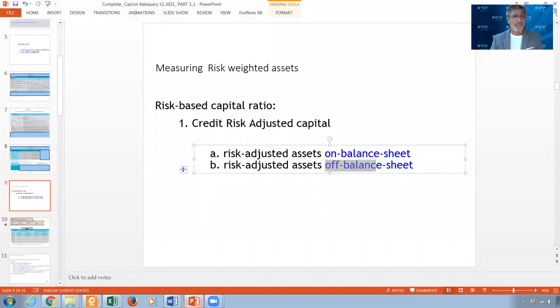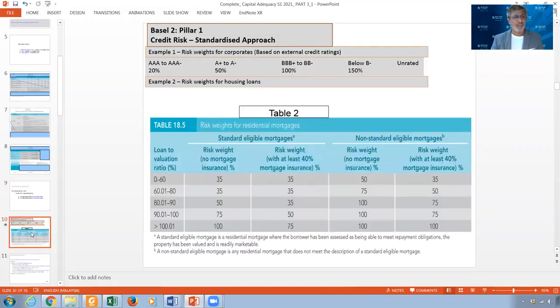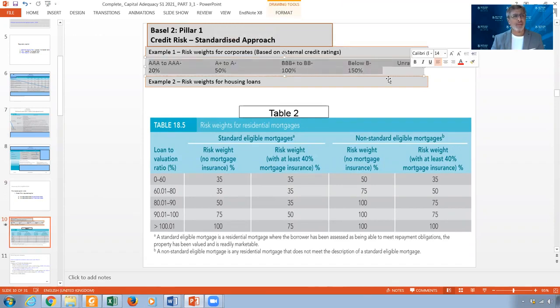Now, having said that, let me go back and start calculating the on-balance sheet. These are only examples. The on-balance sheet weights come from the rating agencies, which usually come under table 5. So all we have to do is, I will give you the asset, and I will tell you the asset ranking is A, or I will give you any ranking.